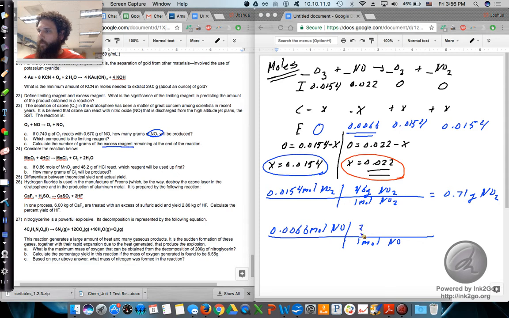Going to give us a small number, 0.0066 times 30, basically around 0.2 grams NO. And that is in our excess.